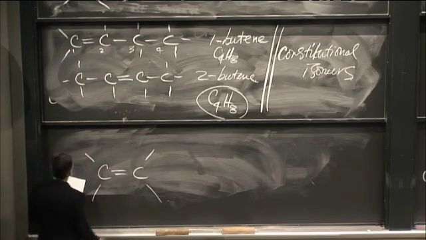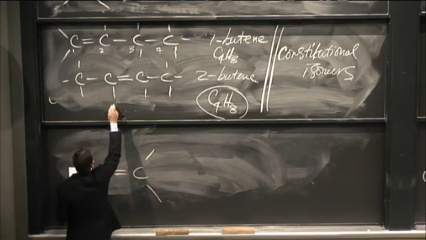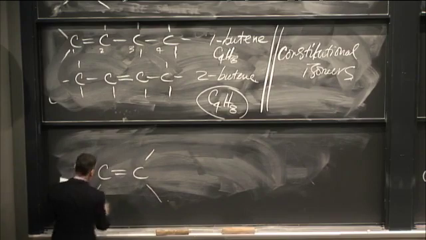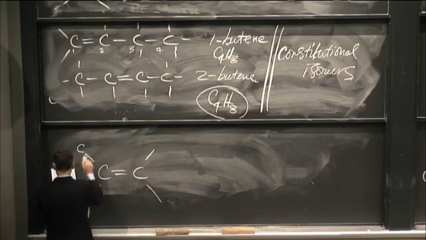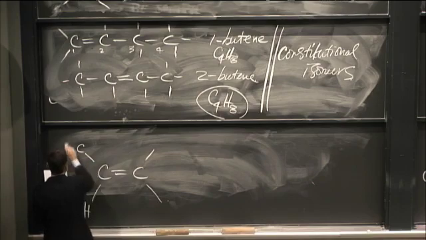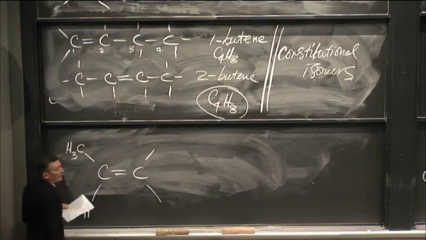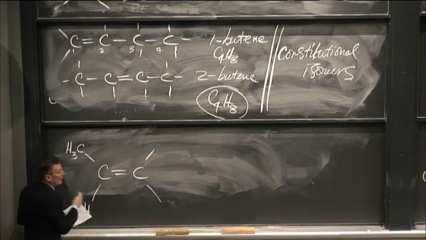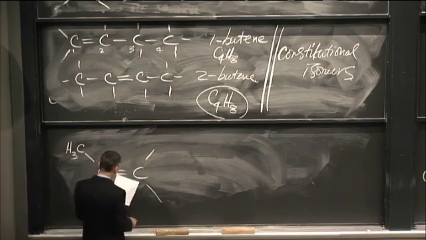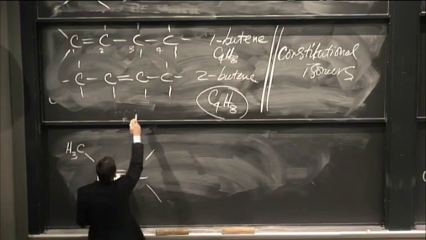So let's look at that one. And what we've got here is on the carbon, on the one side, I've got a hydrogen, right? And on the other side, I've got a methyl. I put a methyl here like that. What I wanted to do is, okay, watch this. All right, so what I'm going to do on this side, same thing.